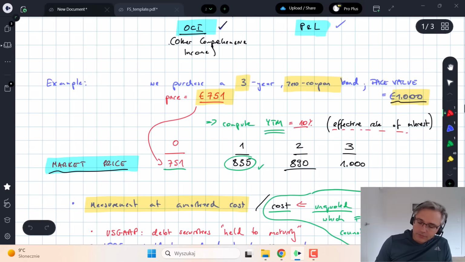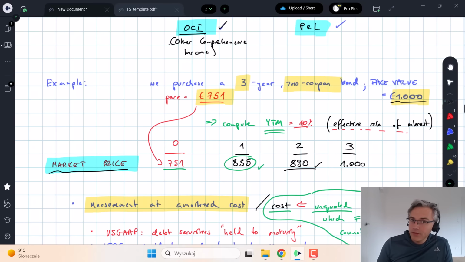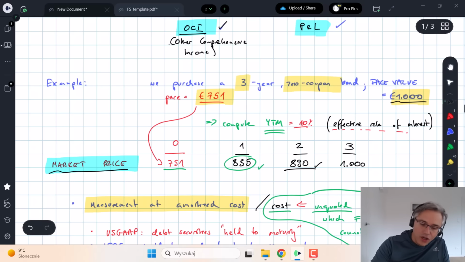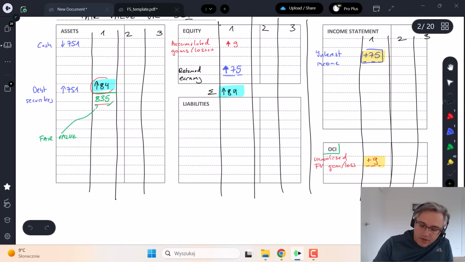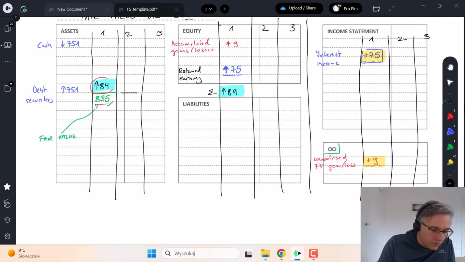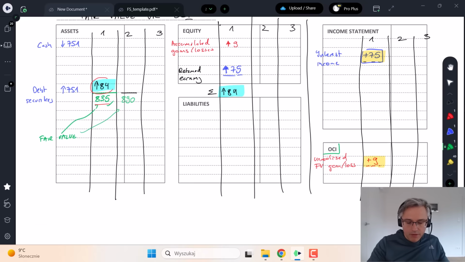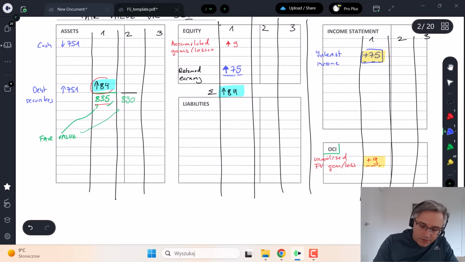Well, in the next year, that asset's fair value is supposed to increase to 890. So focusing on assets, we've got to do what's needed to take the carrying amount of the asset to whatever is the fair value. We were already at 835.